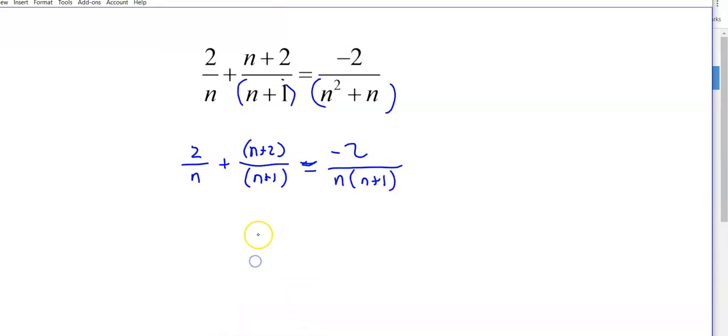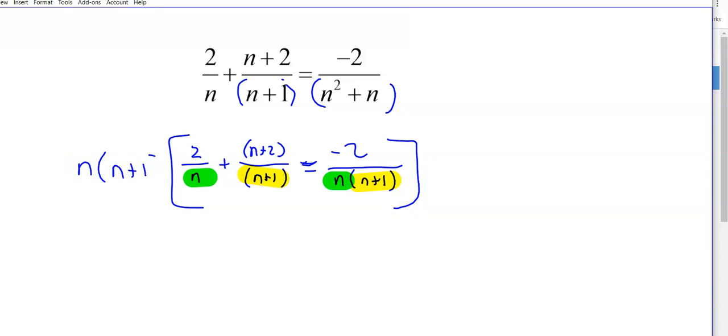So let's look at what we have for GCF. We have an n plus 1, we have an n. I think there's only two things we have, right? So we're going to multiply everything by both an n and n plus 1, so n times n plus 1. It's going to distribute to every term. So when you do that, in the first term the n's are going to cancel.